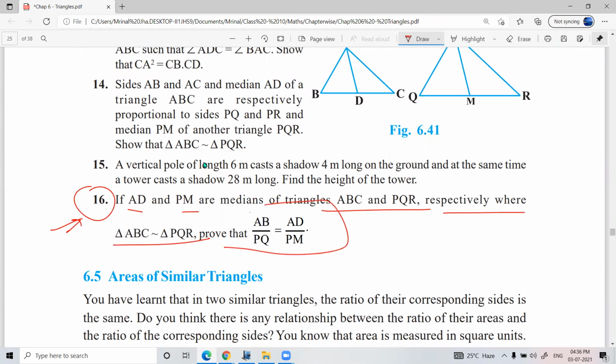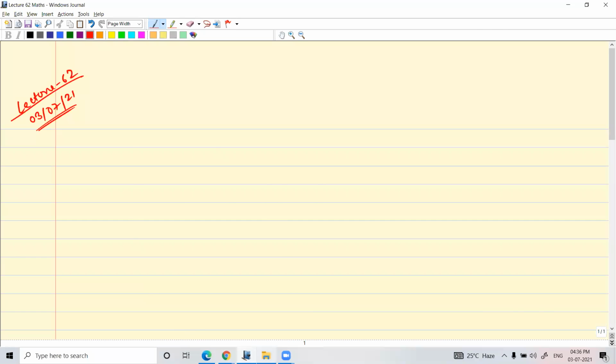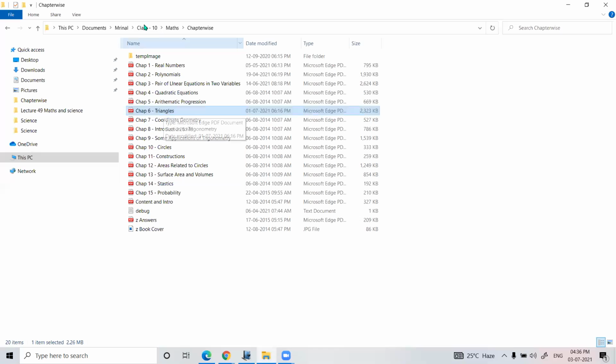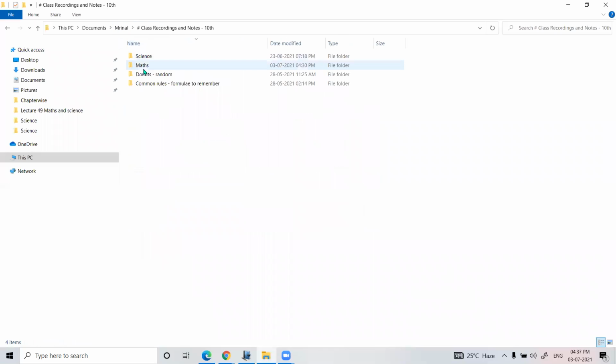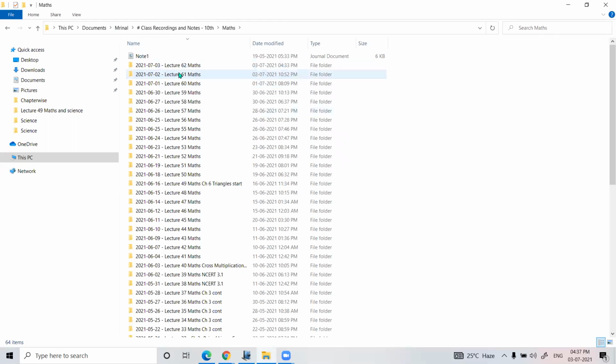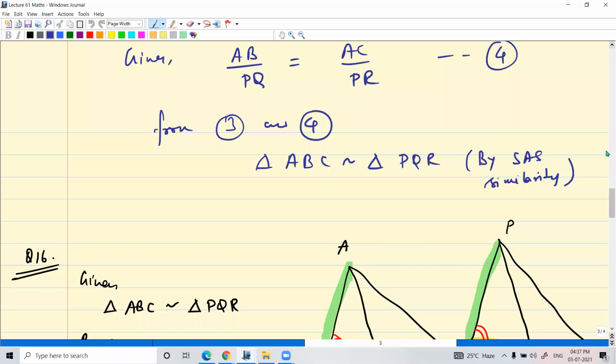Effectively, this proves that AB by PQ is equal to AD by PM. Okay, I think I gave you a hint and I asked you to try, right? It was the 14th question, sir. Yesterday we did 14. Is it? Maybe I thought at the end of the class I gave you people a hint for how to solve that question. That's what I was remembering.